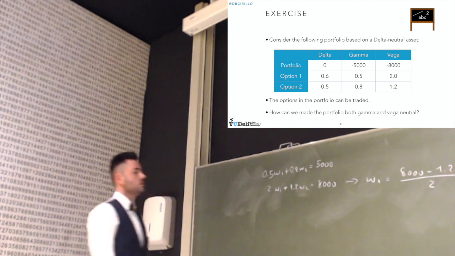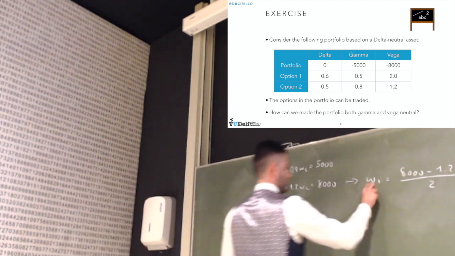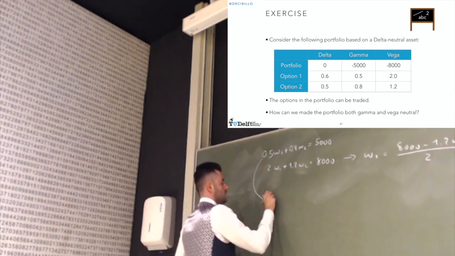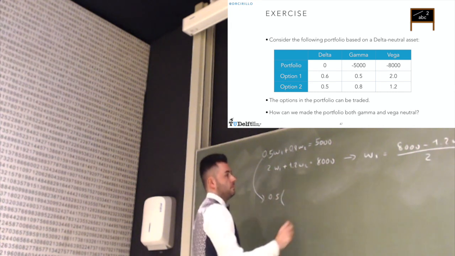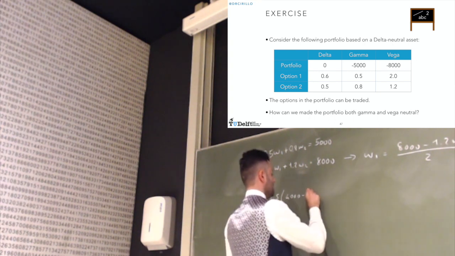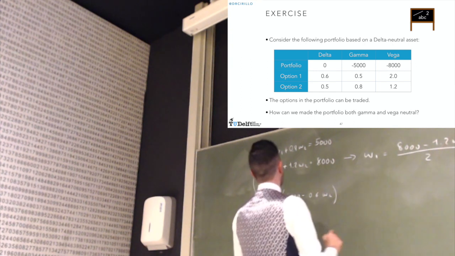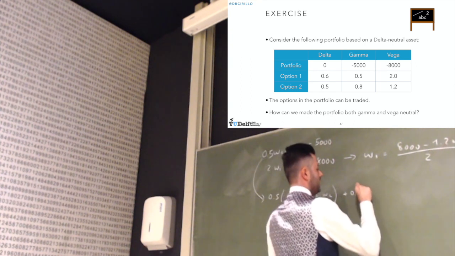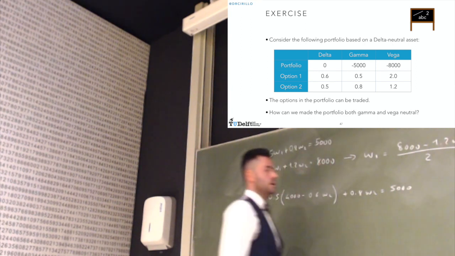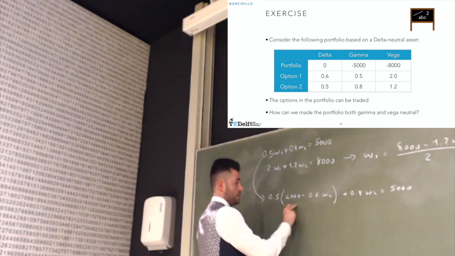And now what I can do is substitute this quantity here, and this line becomes what? The 0.5 multiplied by 4,000 minus 0.6 W2 plus 0.8 W2 equal to 5,000.